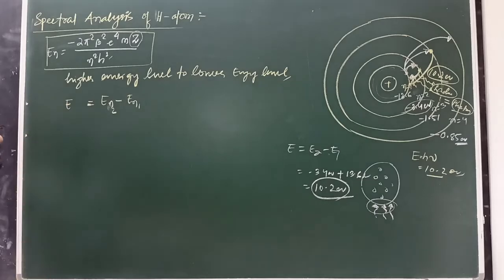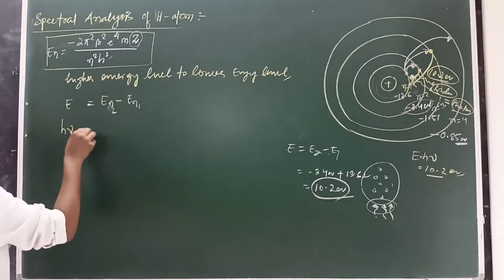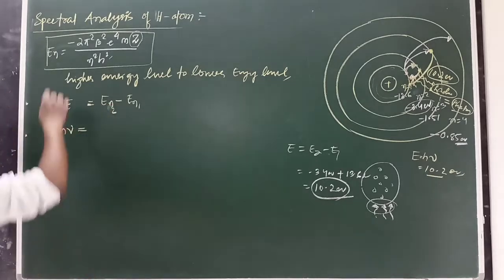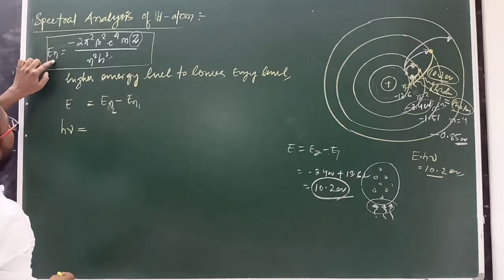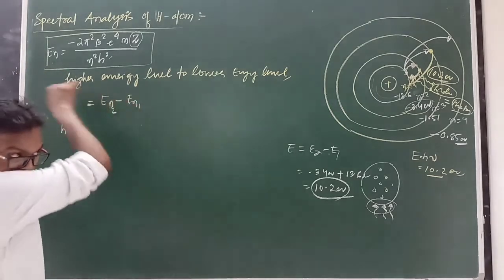And what is E? E means photon energy. I can write here, it is h nu, which is equal to En2 minus En1, where n2 means the second orbit and n1 the first orbit. Clear?